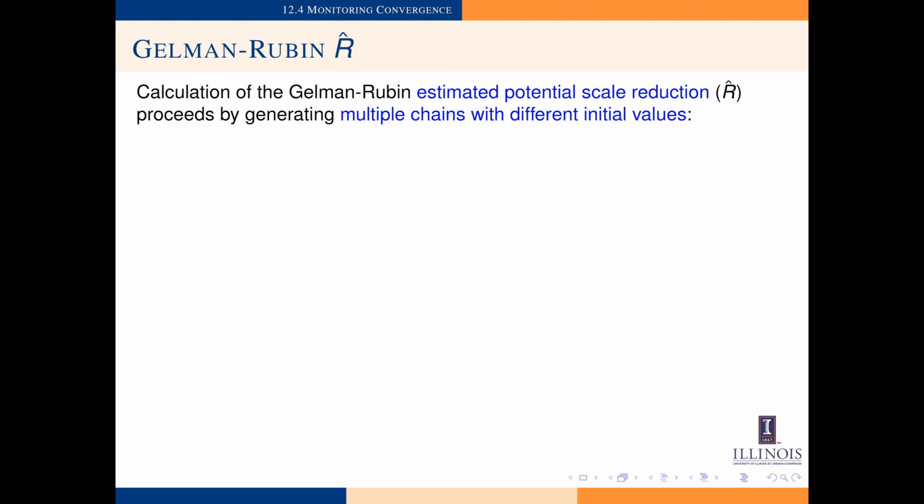If after n cycles the chains have converged, it means that no matter how far apart they started, in the end they should all get into a similar place, which is the stationary or target distribution. So calculation of the Gelman-Rubin estimated potential scale reduction, denoted R-hat, which is a lot shorter than EPSR, proceeds by generating multiple chains with different starting values.